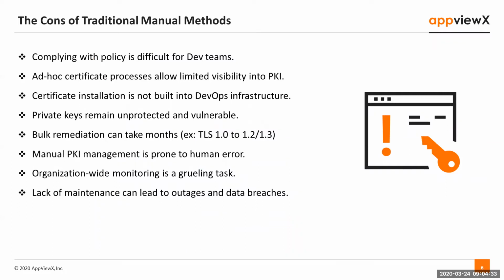Some of the additional detractors or challenges as it relates to certificate lifecycle management with this manual implementation is complying with that policy structure or governance, as I'd mentioned. There's ad hoc processes that are defined.